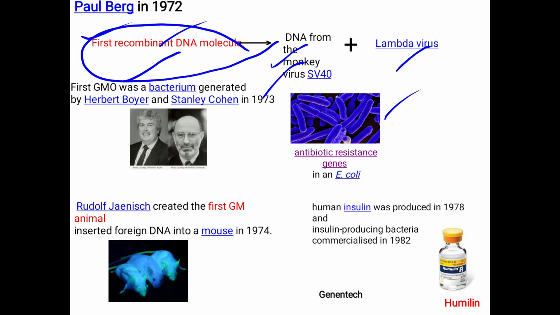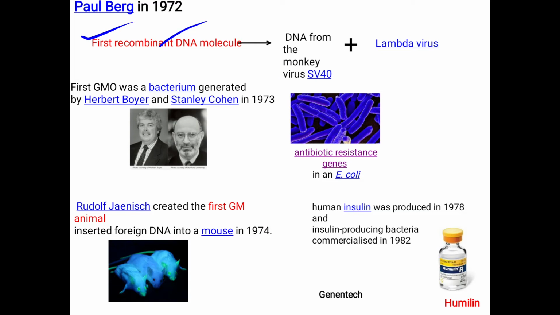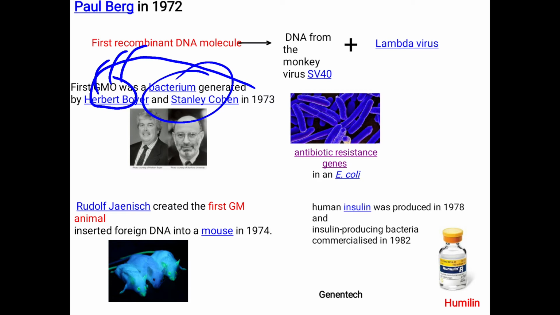Later on, in 1973, two scientists, Herbert Boyer and Stanley Cohen, designed the first GMO, that is genetically modified organism, which was a bacteria.